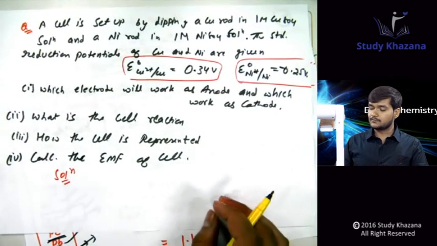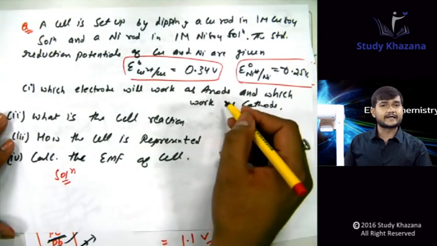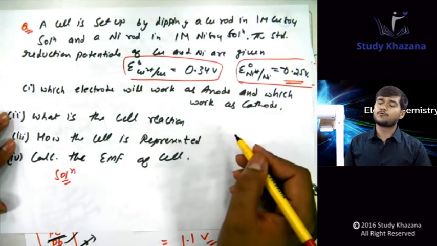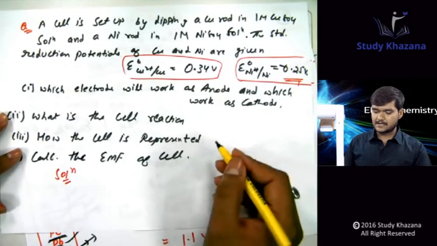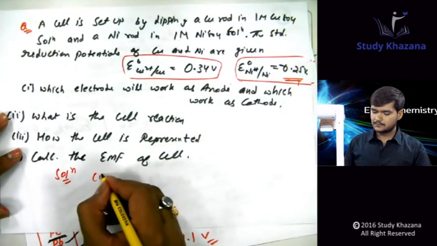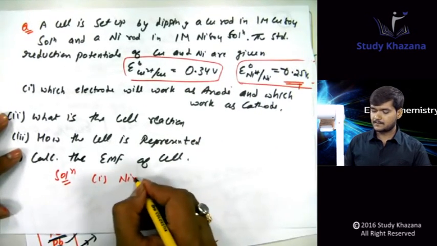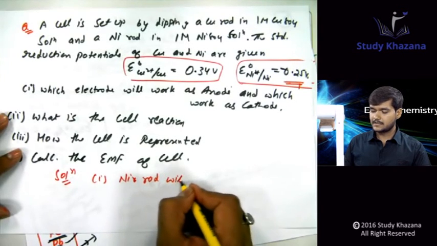The electrode with the negative electrode potential is the most reactive electrode, and it will work as anode. So the first part: the nickel rod will work as anode here.